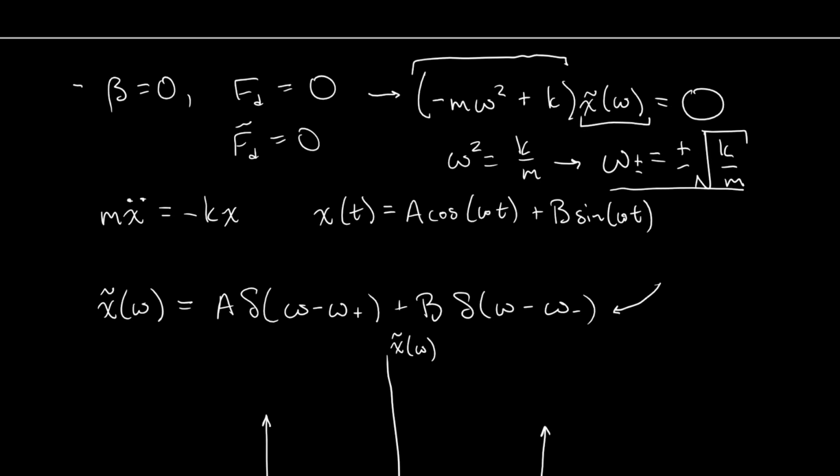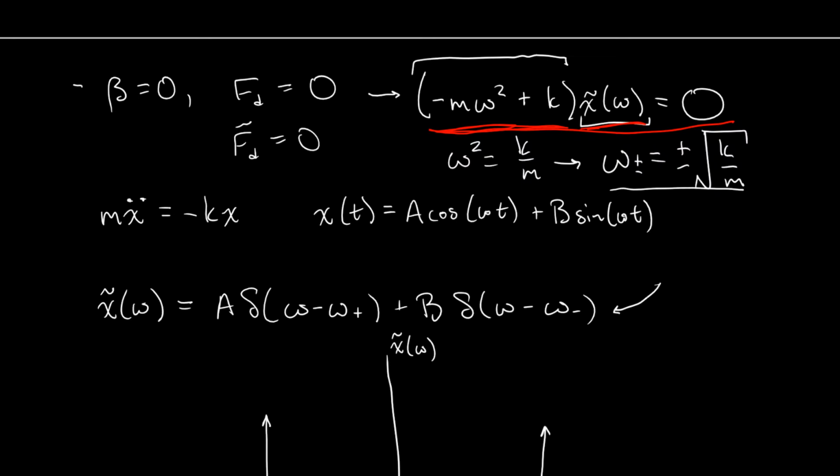And the logic is just that I have to satisfy this equation here, right? This is my equation of motion. I have to satisfy it. There are only 2 possible values of omega that do satisfy that. And so I'm going to choose my expression for x tilde to just pick out those 2 values of omega, right? I can't do anything else with x.